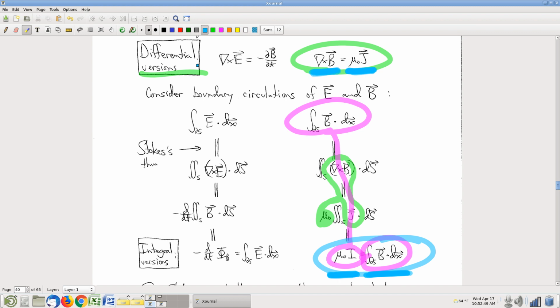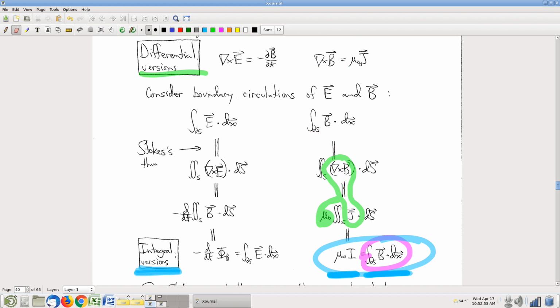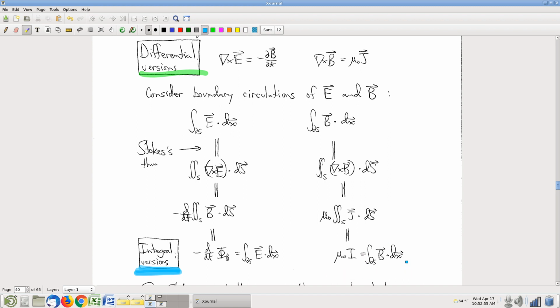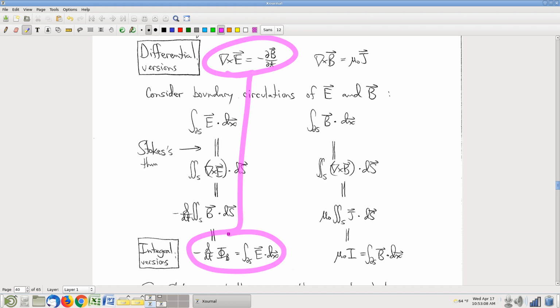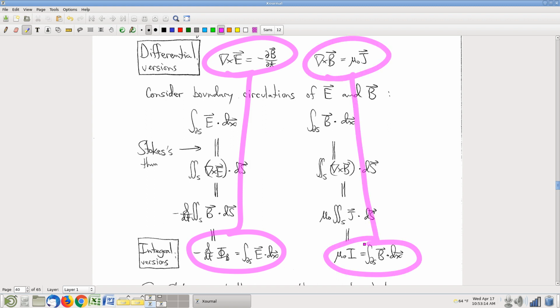So these two different versions are called the integral versions. No surprise that I call these integral versions because they involve integrals. Two different versions of the same equation. So the way you might say it is that this is Maxwell's third equation, and this is Maxwell's fourth equation. There are two different versions of each one, morally the same theorem.